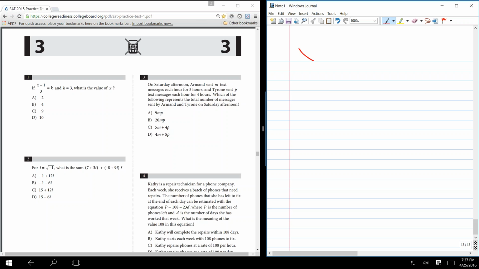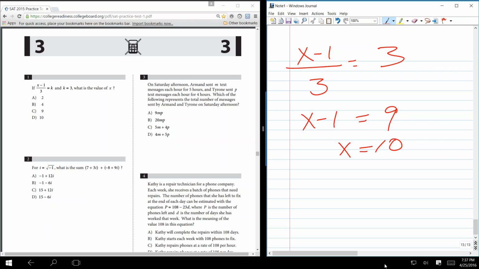If that equals K. They say K is 3, so let's go ahead and plug in 3 for K. Now solve that equation for X. I would multiply the 3 on the bottom up. So I get X minus 1 equals 9. And then add the 1 over, so then X equals 10.